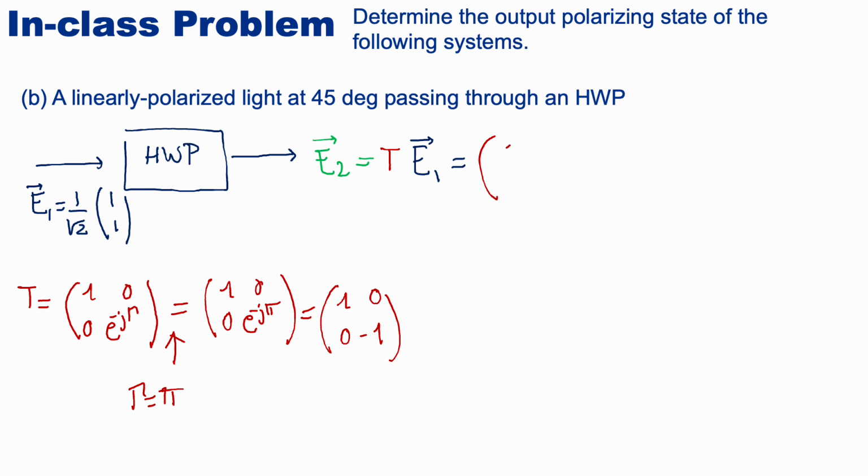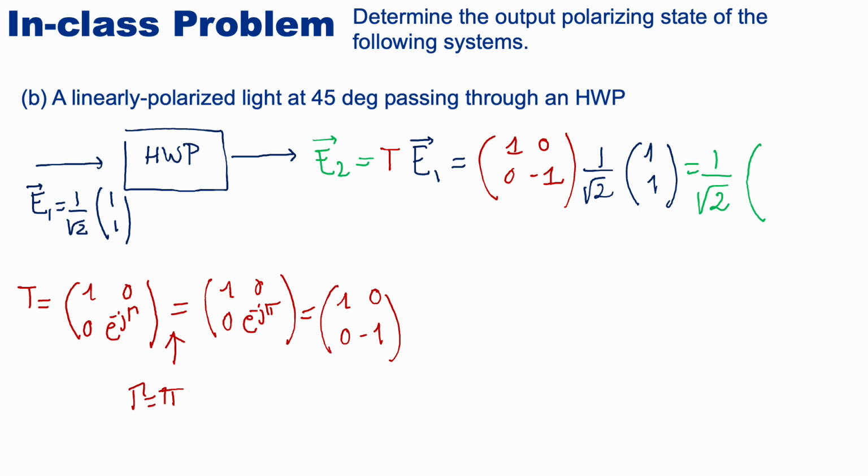So at the output we have 1 0 0 minus 1, multiplying our input Jones vector, 1 over square root of 2 times 1 1, and it's going to be 1 minus 1.